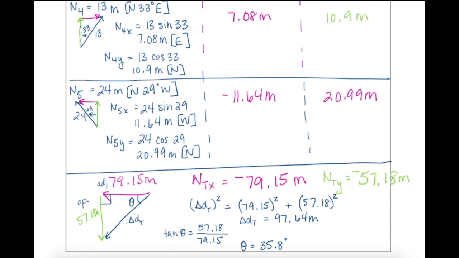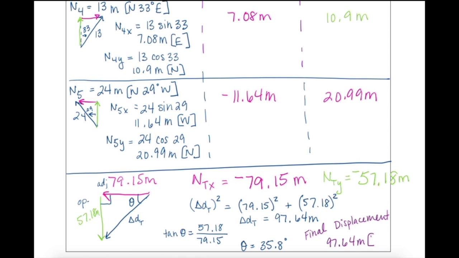Okay, so now we have to put together all of the answer to find the resulting displacement of adding the 5 different vectors. Okay, so we have that our final displacement is 97.64 meters, and we went west, right?